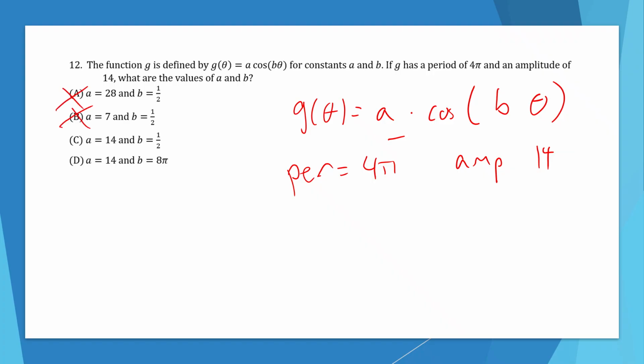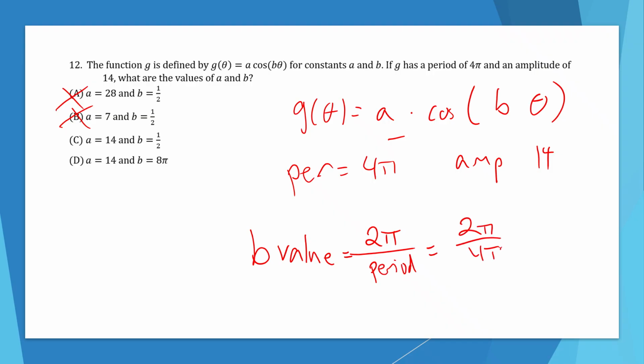And then our period is 4 pi, but that is not what b should be. So b should be our b value, and remember our b value is going to be 2 pi over our period. So in this case, 2 pi over 4 pi should simplify to 1/2. So C is the correct answer there.